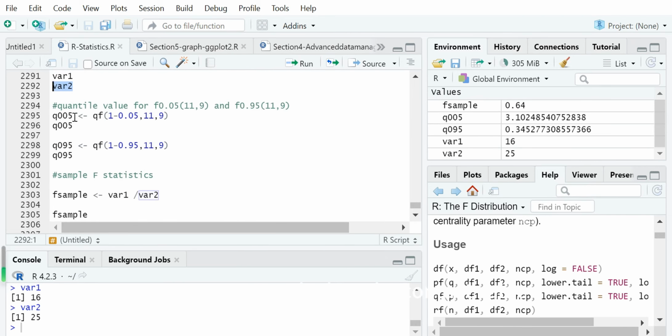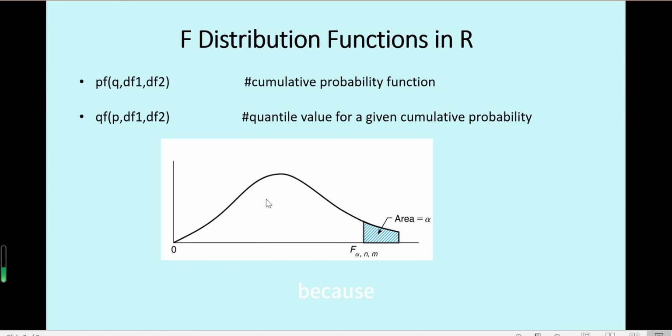So we want to calculate the quantile value, the critical value. Here is the critical value for F 0.05, 11, 9, and F 0.95, 11, 9. The qf function is used to calculate the critical value from this cumulative probability.